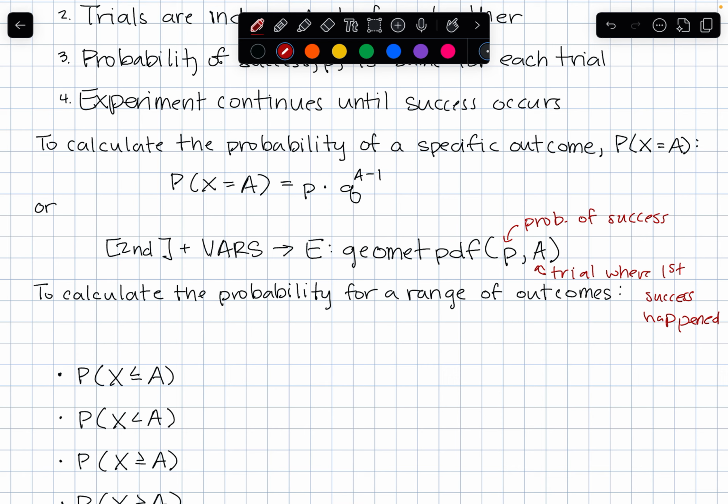The tricky part comes when we're dealing with a range of values. And we know that when I'm looking at a range of values, that means I need the cumulative distribution. So second vars, and then I want option F, which is geomet CDF.